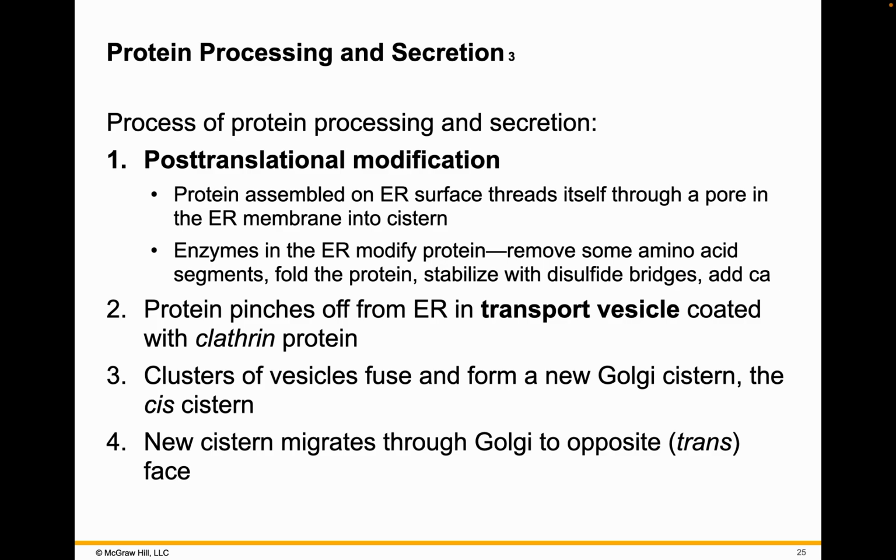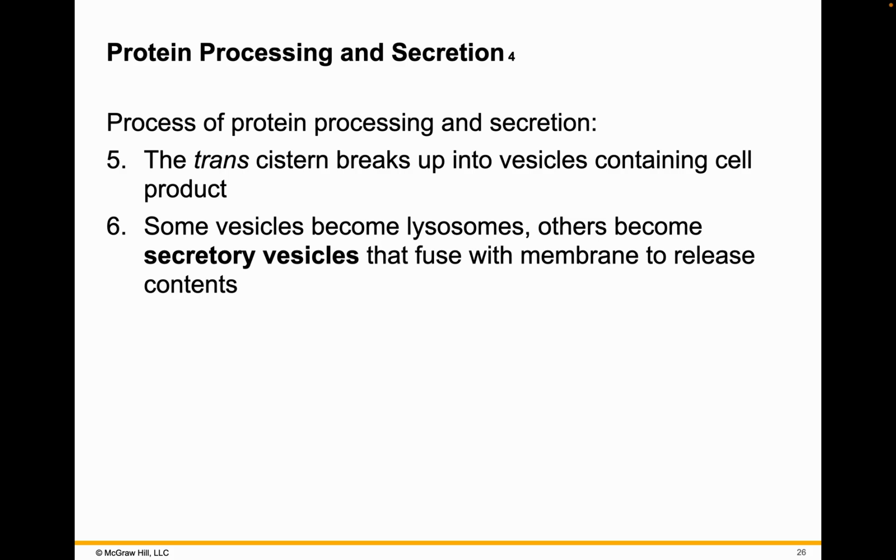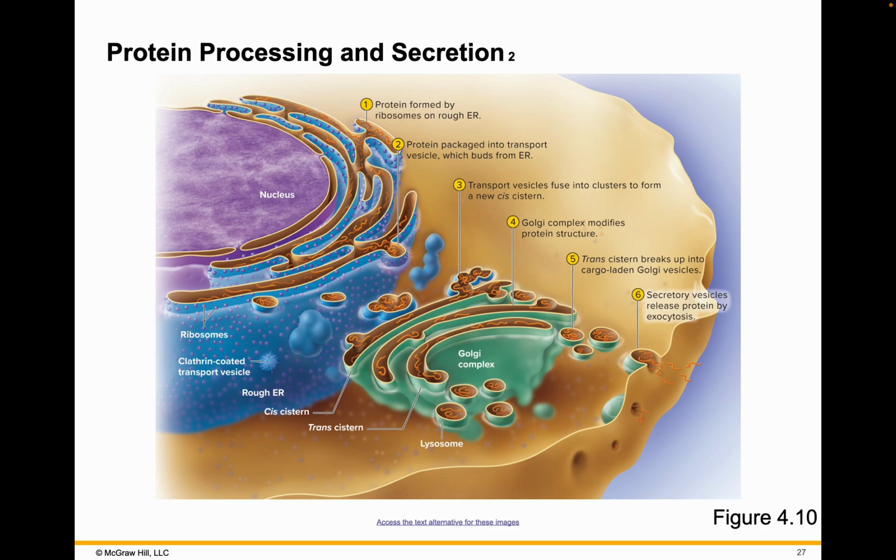And that new cistern migrates through the Golgi to the opposite side, or trans side of the Golgi, where it breaks into vesicles containing the cell products, and those vesicles go to whatever they are going to be: lysosomes, secretory vesicles, or other types of vesicles. So protein processing and secretion begins in the endoplasmic reticulum.